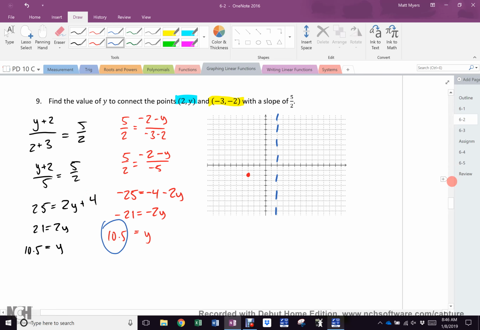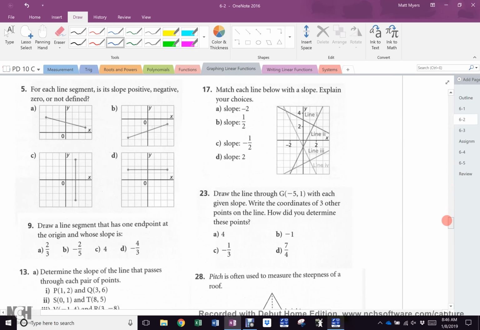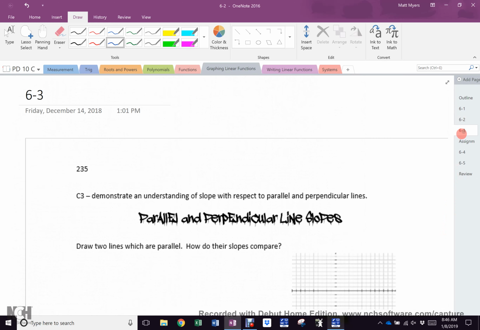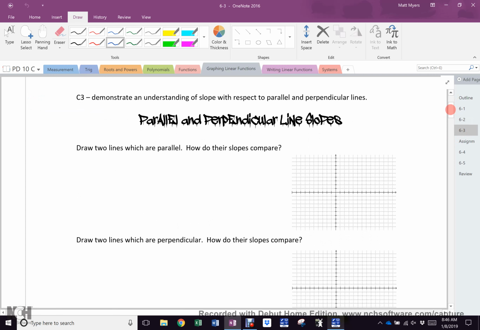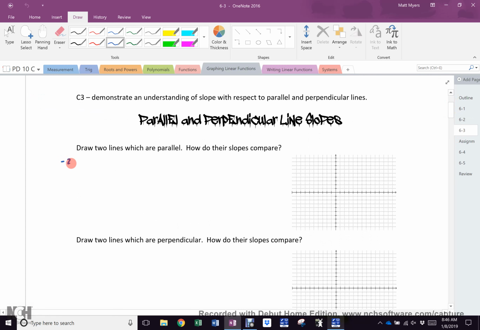Okay. Now, again, there's some practice work here. We're going to skip over that and go into the last iteration of slope. So please turn to 235. Yes, it's called a dripping marker. Everybody put a dot at -2, 0. And everybody put a dot at 2, 5.